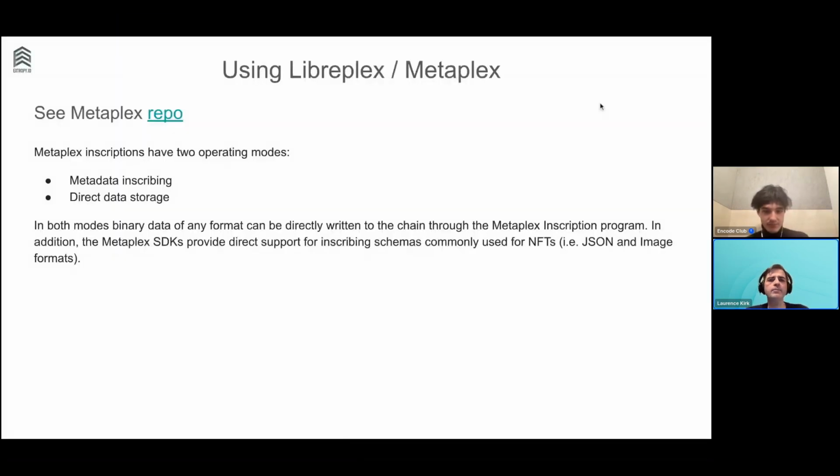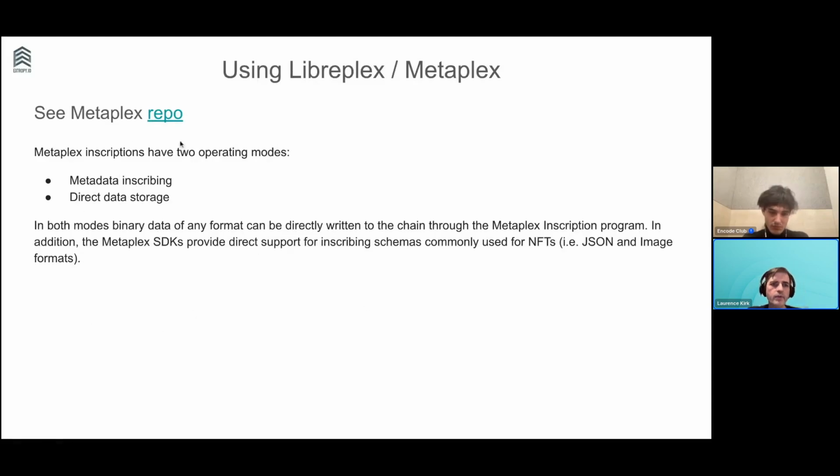All right. So Libreplex have a project that you can use to do this. Metaplex are also involved. Metaplex were the standard project that allowed you to create NFTs and add all this extra functionality that I spoke about earlier, and they've also added support for inscriptions. You can see here what they allow you to do.